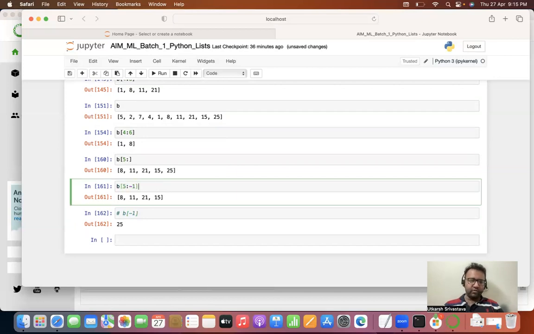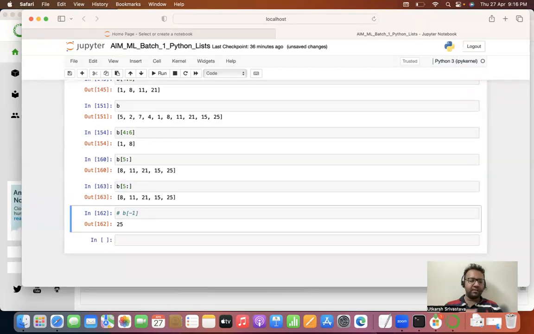Whatever is there on the right side of the colon gets excluded. So the correct answer is either 5 colon 10, which is not written in a standard Python list way, or B5 colon and leave it blank. A standard Python way is this, which Isha has written.